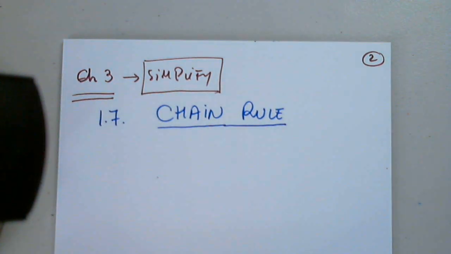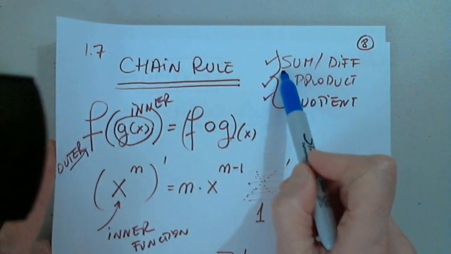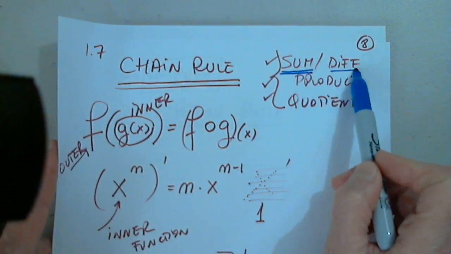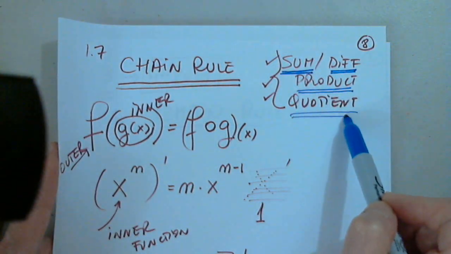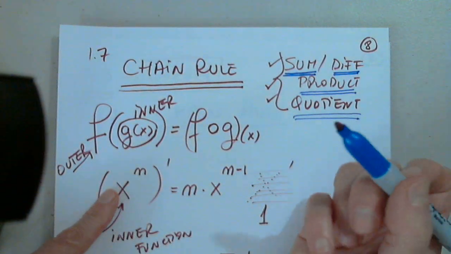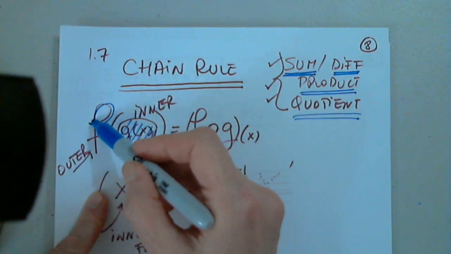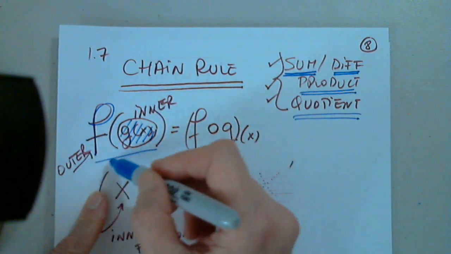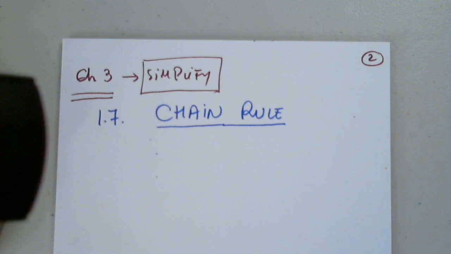And as I was saying last time, on the last page of the notes, we know how to differentiate a sum, a difference, and now we know the product for sure, and we know the quotient. But many times we have an inner function and an outer function. How do we differentiate this? So I'm going to put this in the recycling bin and start from scratch.